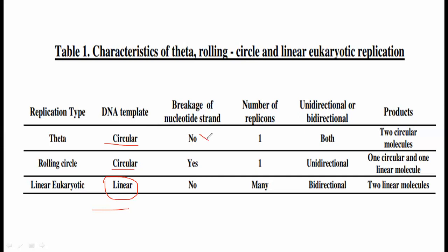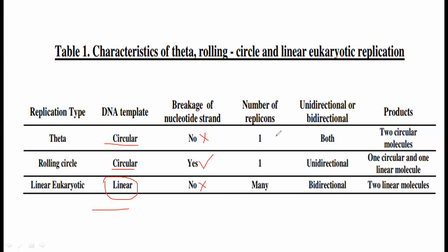No breakage. There is a formation of a replication bubble, and there's an origin of replication in theta mode of replication. In rolling cycle, yes, the DNA nucleotide strand breaks, exposing the 3-OH end. And in eukaryotes, you do not have breakage of the nucleotide strand. We again have multiple origins of replication from where the DNA replication starts.